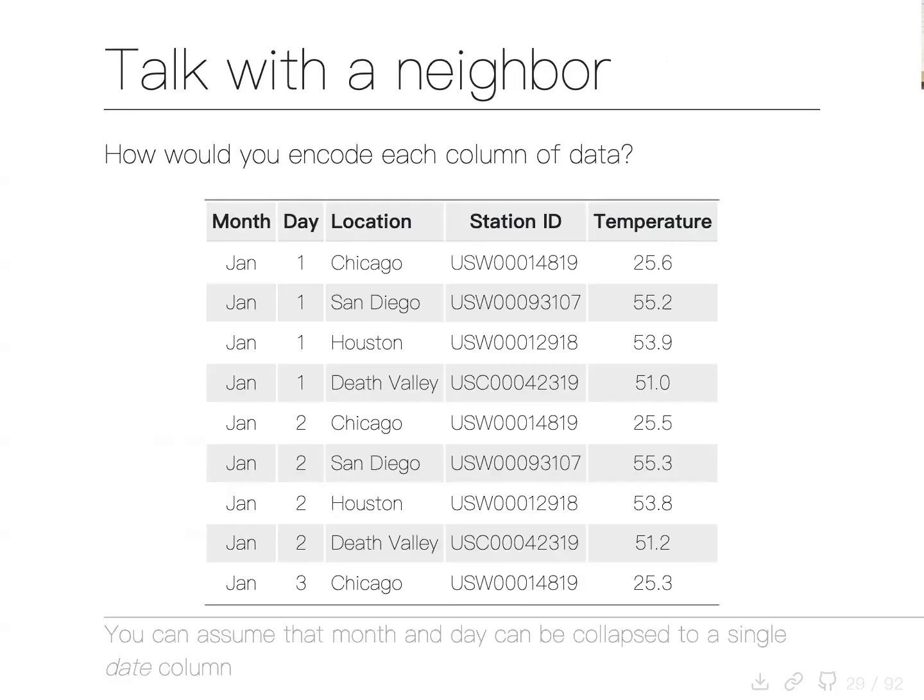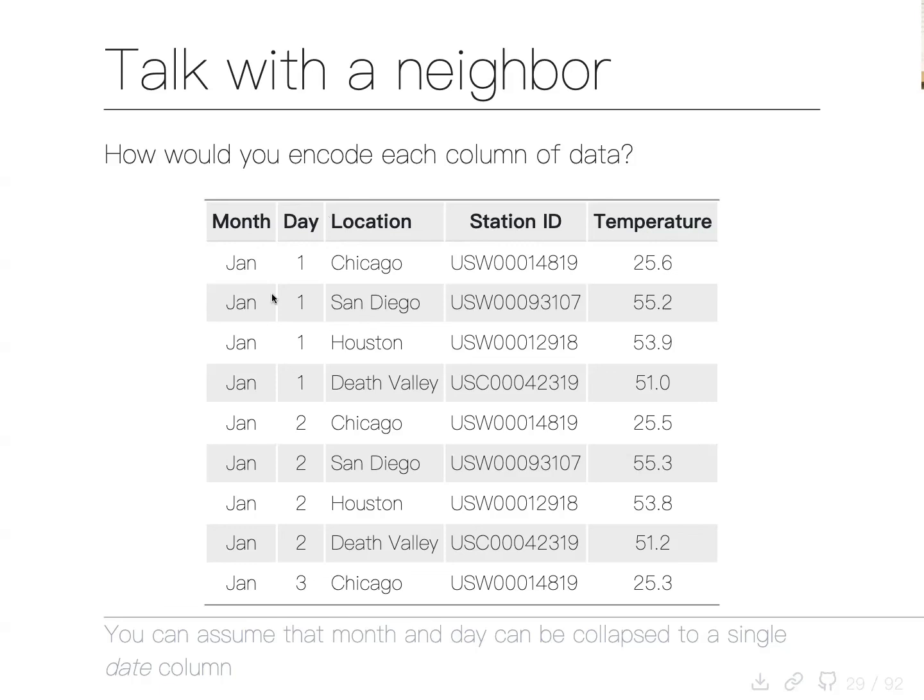Okay, so what I'd like you to do now for the next minute or so is look at this data. Some of you, if you've seen some of my other talks, you might have already seen this. But we're going to look at this data, and then I want you to just imagine that the date here is all just one variable. So you're going to concatenate those columns into a single date column, right?